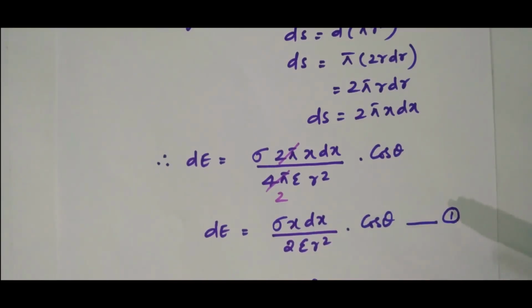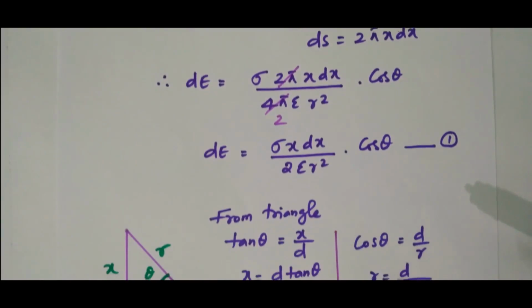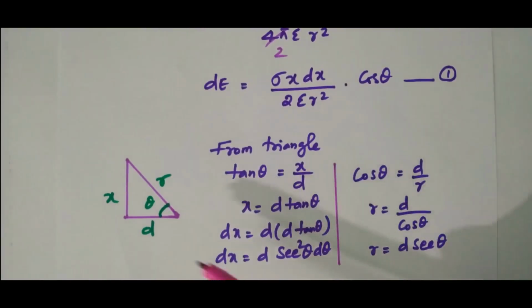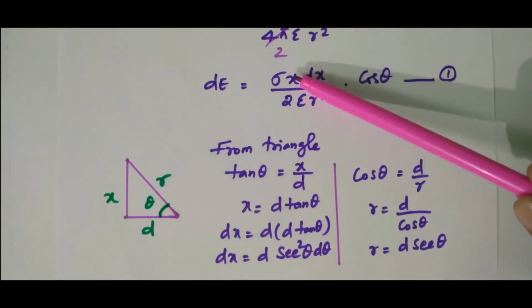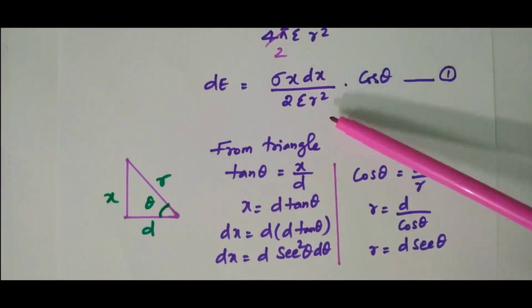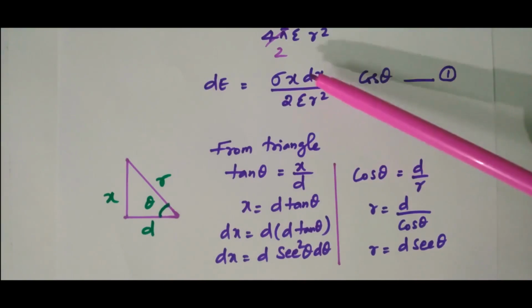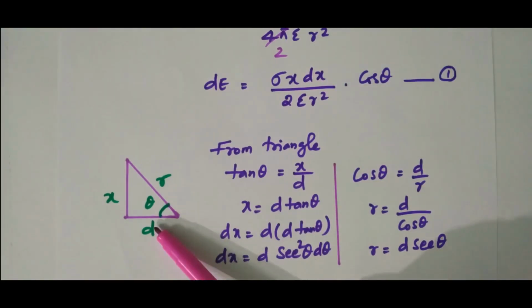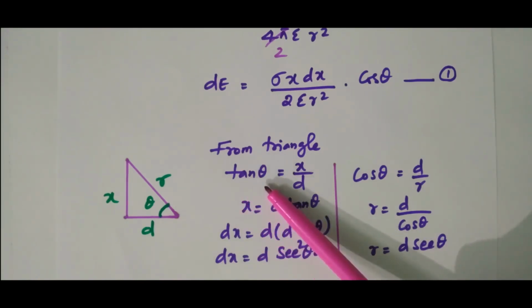Now we have one triangle available. From this triangle we are going to find the expressions for x, dx and r. First we will find tan theta.